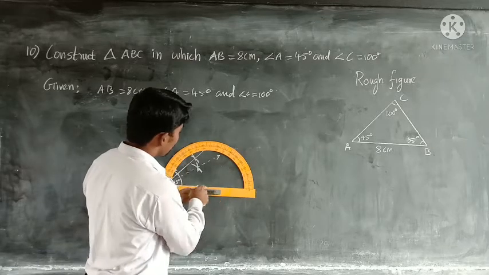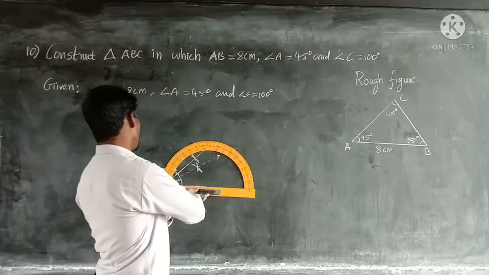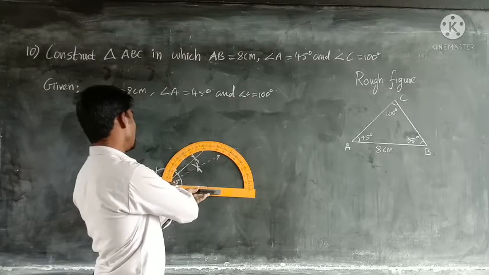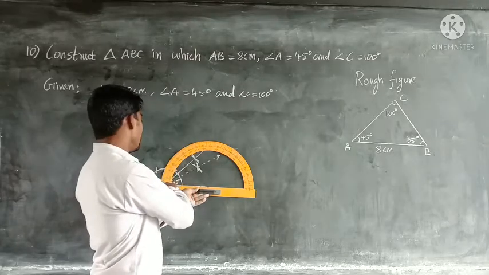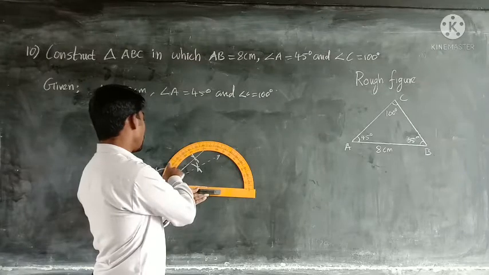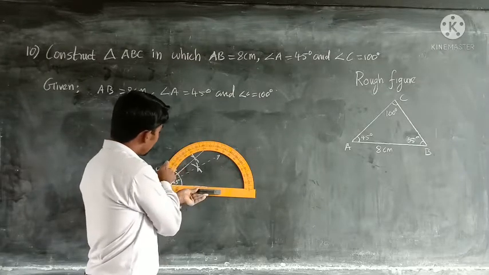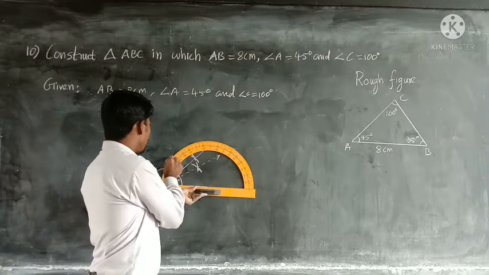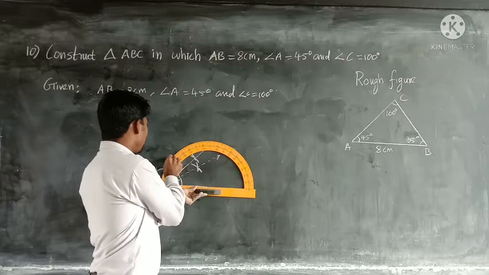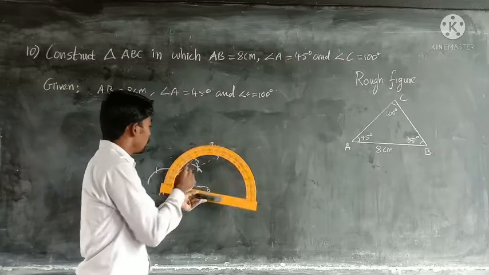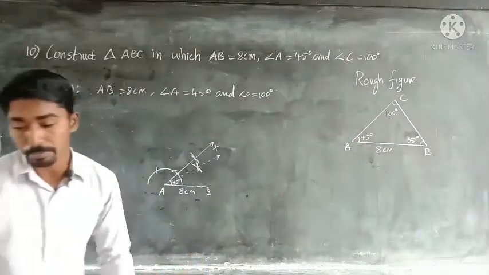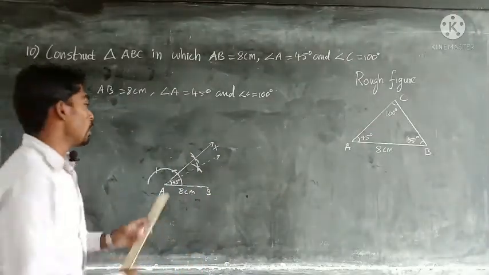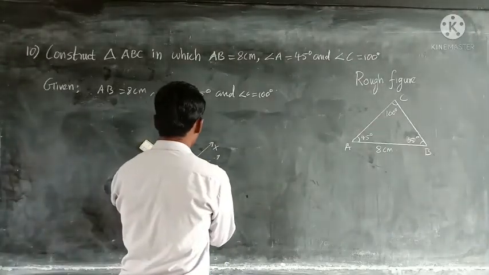Keep B as a center and count from this side. Count from right side: 10 degree, 20 degree, 30 degree, 40 degree. In between 30 and 40, we have 35 degree, and mark it and join these 2 points. Join these 2 points by using ruler.